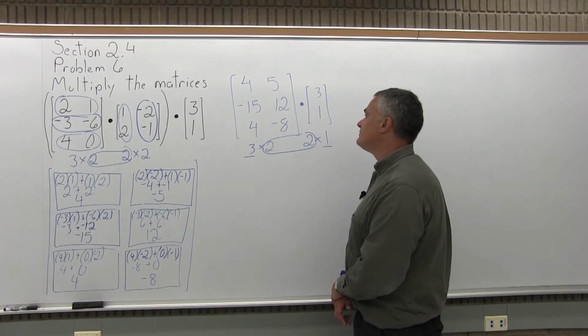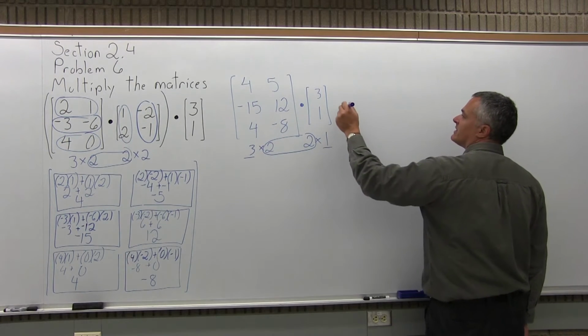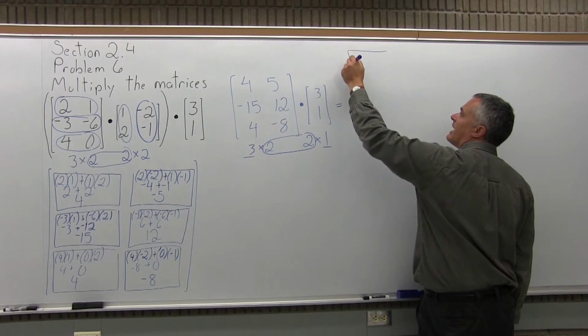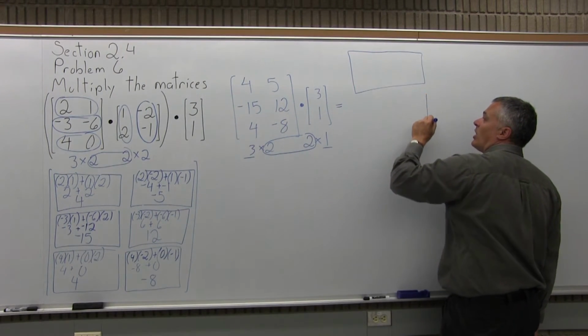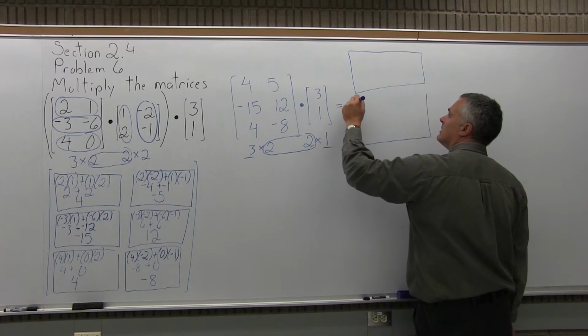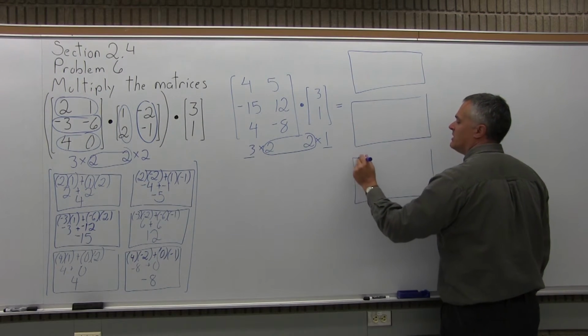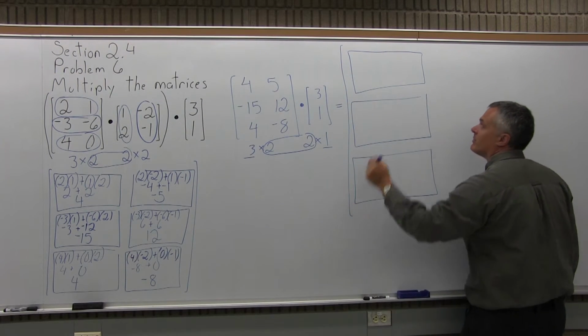So now, what we're going to do, let me write out those boxes and we'll start filling them in. I'll write it off to the side here a little bit. We're going to have a matrix that will have 3 rows and 1 column. So my solution will be this shape here, and I'll put brackets on it.